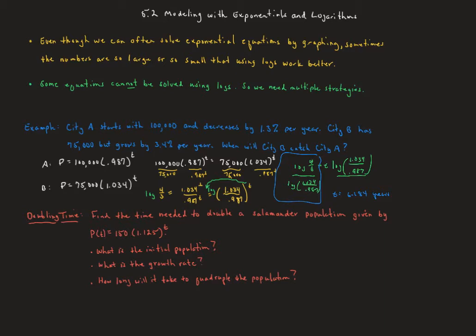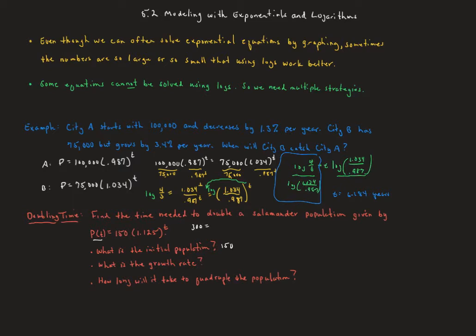We're going to find the time needed to double a salamander population given by P of t equals 150 times 1.125 to the t. To double that population, we can see the initial population at time 0 is 150, so doubling means we want it to be equal to 300.